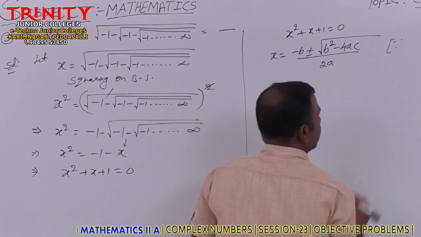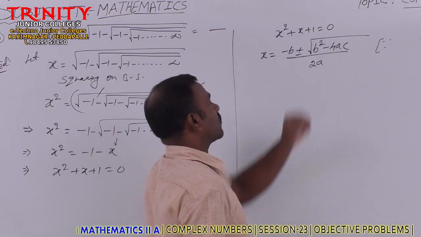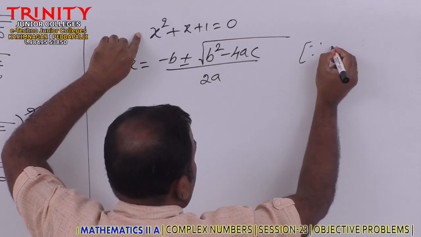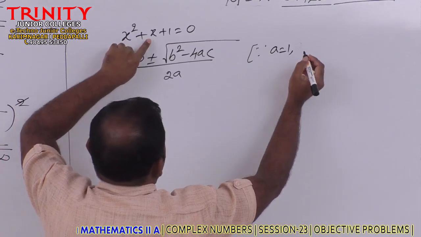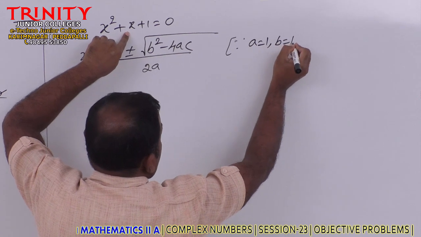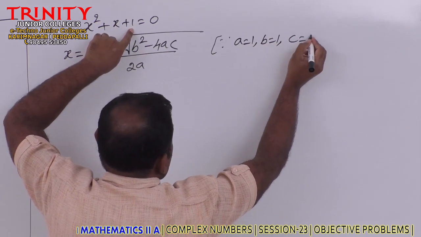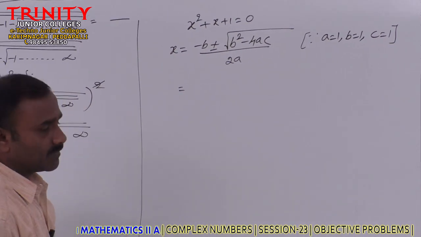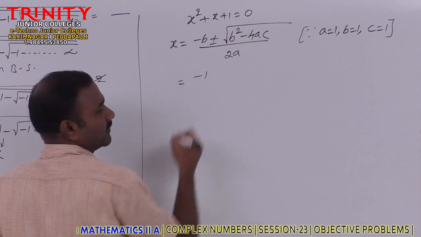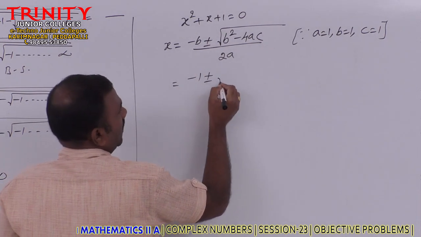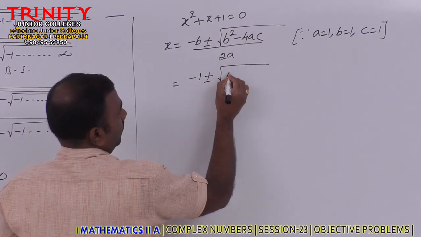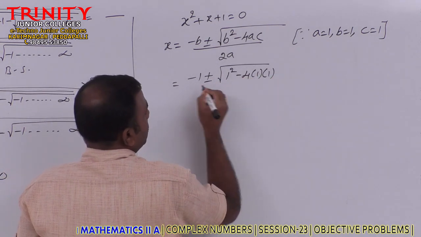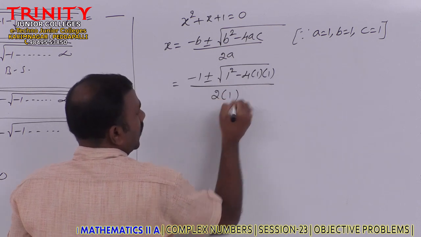Now, what are the values of a, b, c? We have to compare from this equation ax square plus bx plus c. a is the coefficient of x square, b is the coefficient of x, that is 1, and the constant c is also 1. Now replace all these values in this formula: minus b plus or minus under root b square minus 4ac by 2a.